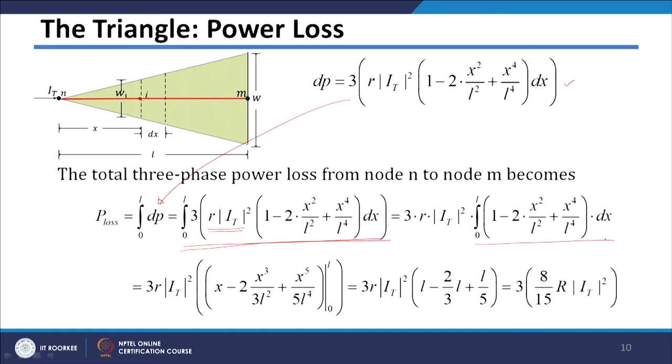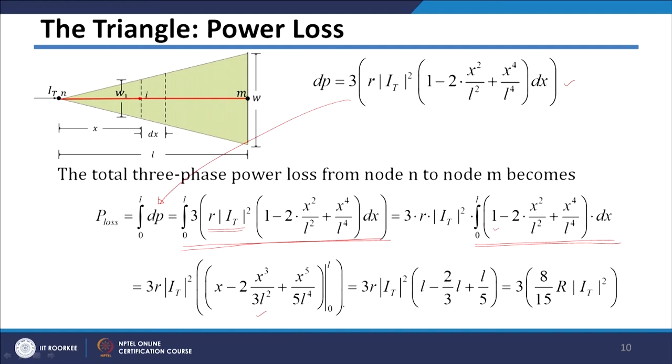We need to integrate this term from 0 to L. The integration of 1 will be x, the integration of 2 x square by L square will be 2 x cube by 3 L square, and the integration of x 4 by L 4 will be x raised to 5 divided by 5 L raised to 4.